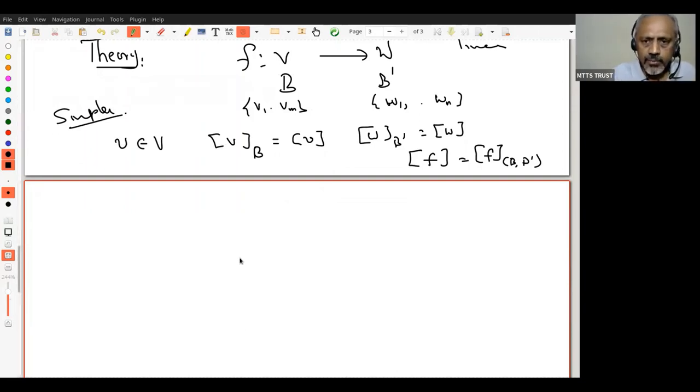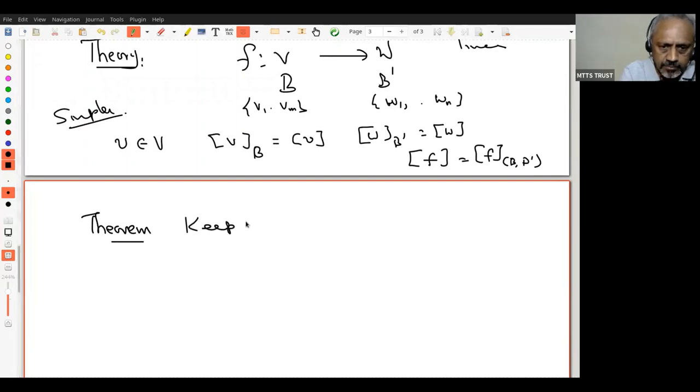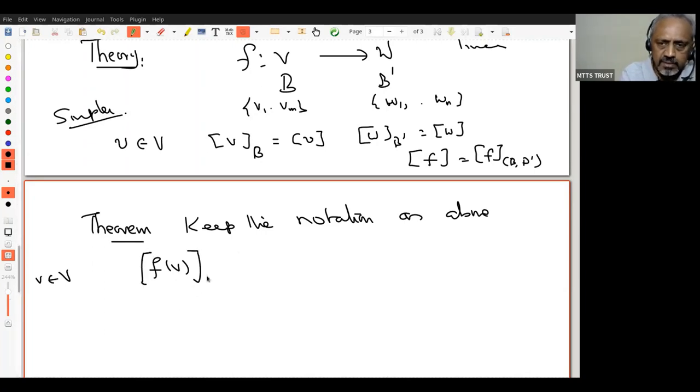Now, what we want to do is something very interesting. This is the theorem I want to prove. So keep the notation as above. Now let's look at f of v. For v in V, let us look at f of v. This is a vector in W, therefore I can look at its coordinate representation.